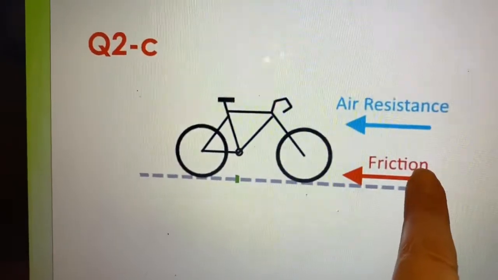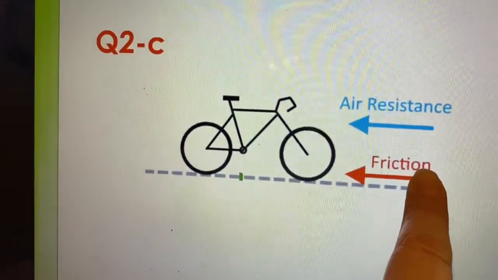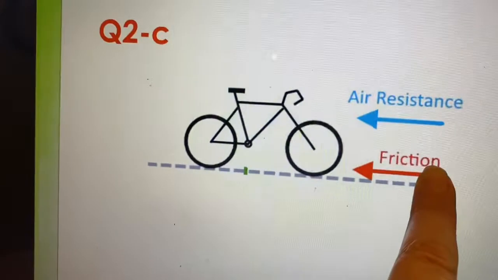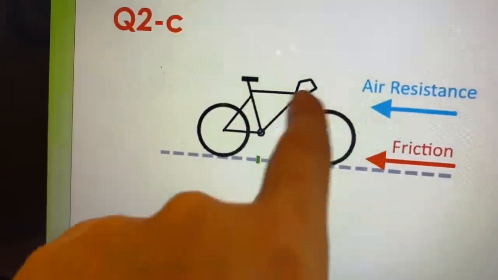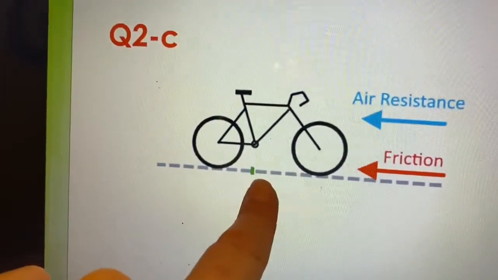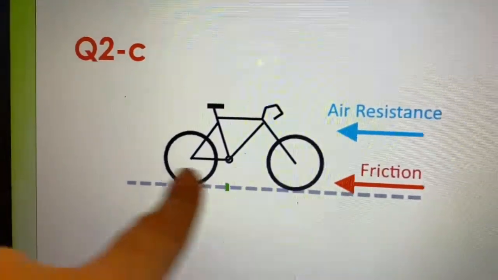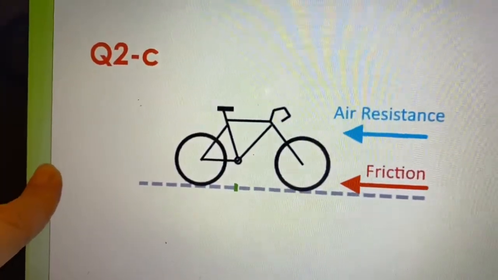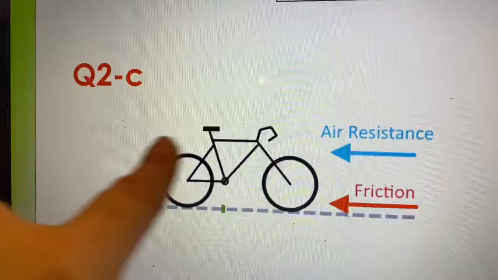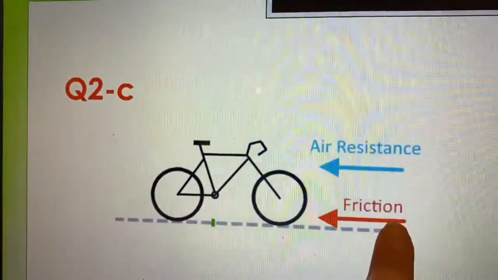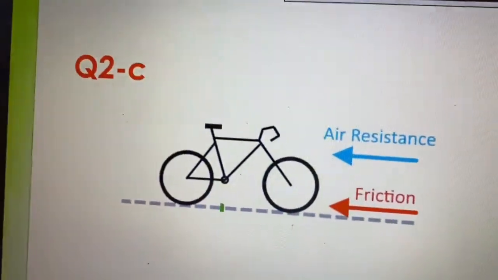The friction force, because the cyclist uses the brakes, so there will be friction between the tire and the street, so the friction force goes in the other direction, and also the air resistance goes the other way. These two forces will make the cycle stop.